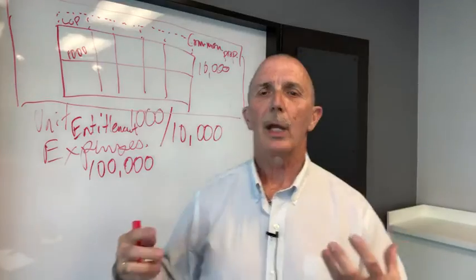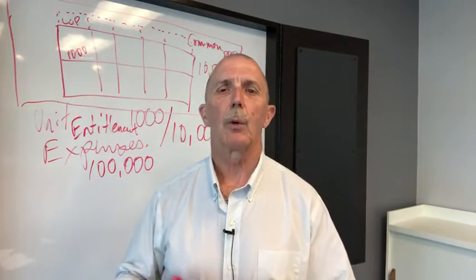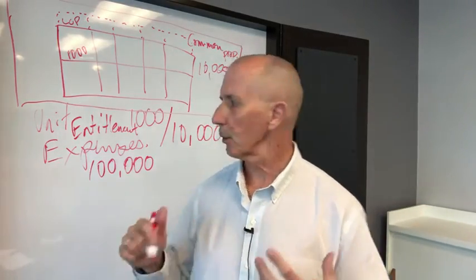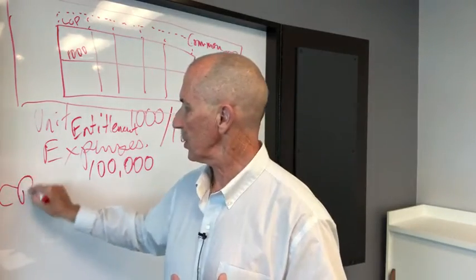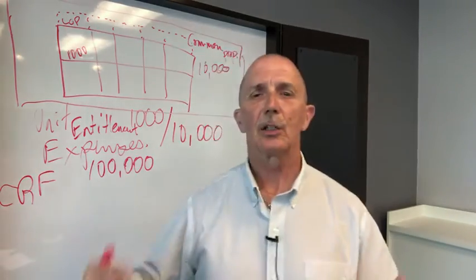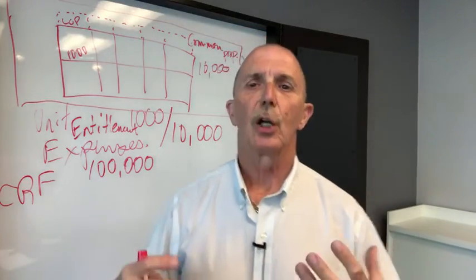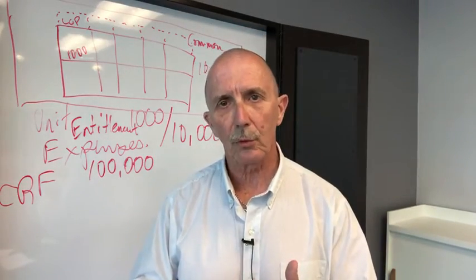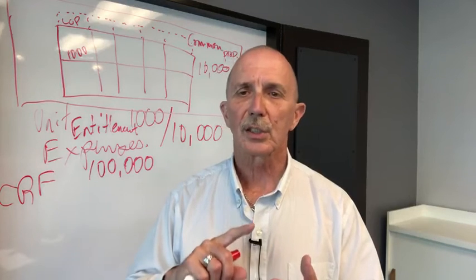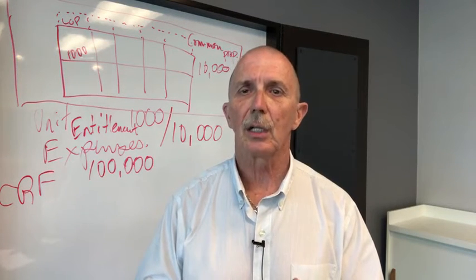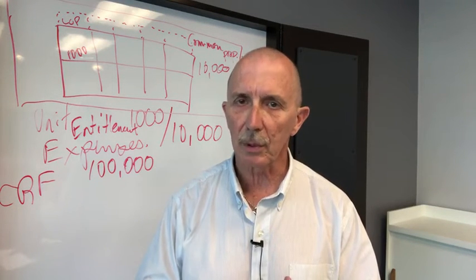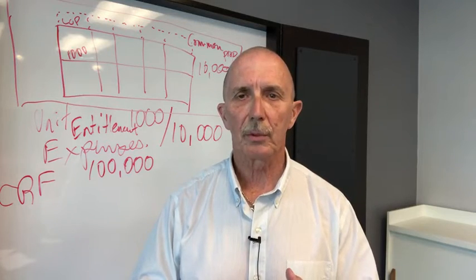Now, we also have what we call a contingency reserve fund, commonly known as a CRF. A contingency reserve fund is money that's set aside to do things like a roof. If a property needs a roof, or a major project on the outside, maybe painting, all of those types of things.